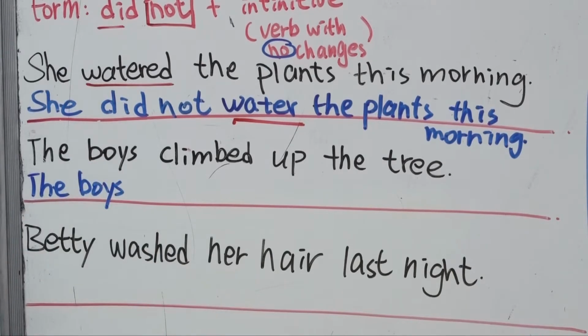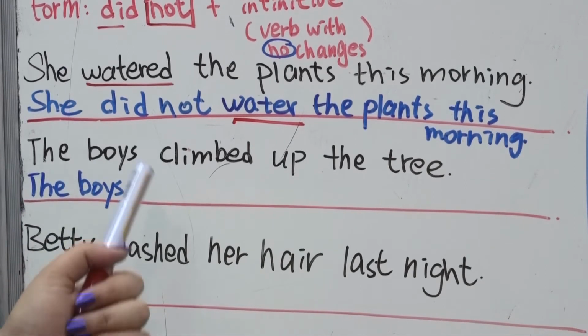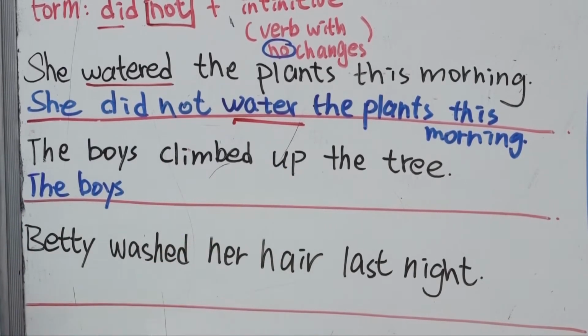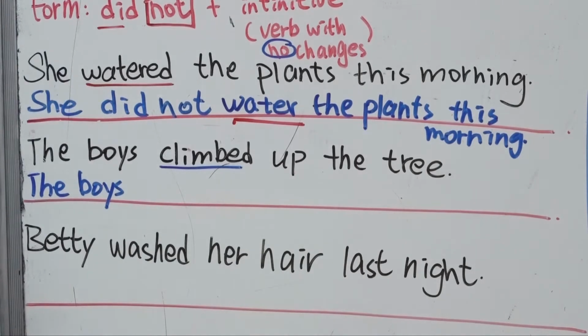Okay, which one is the verb? Which one is an action? The tree? The boys? Climbed up? Climbed up is the action, right? Climbed is the action verb, right?